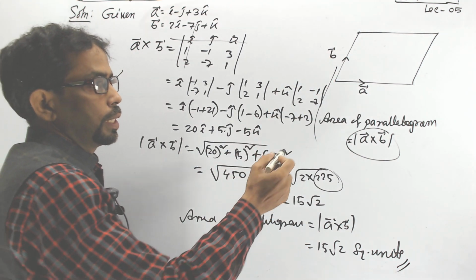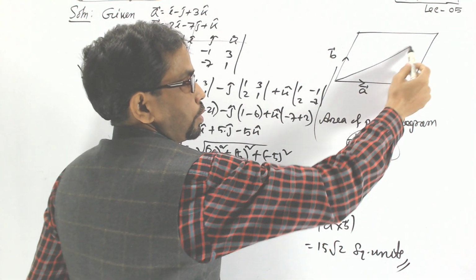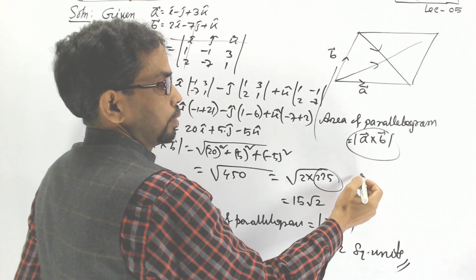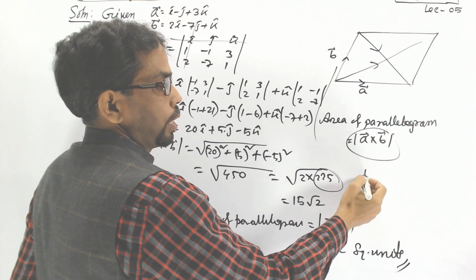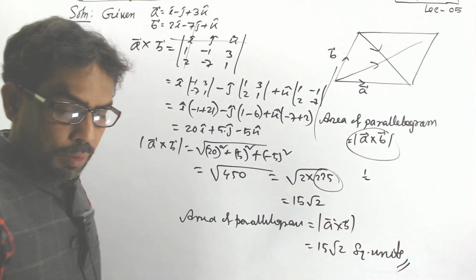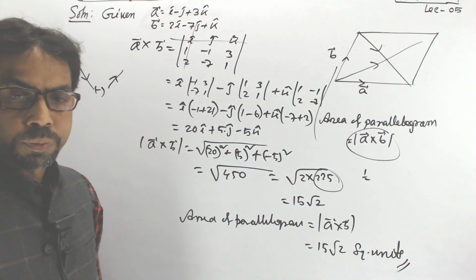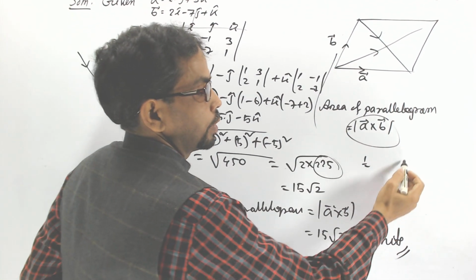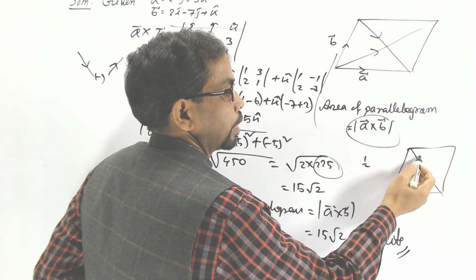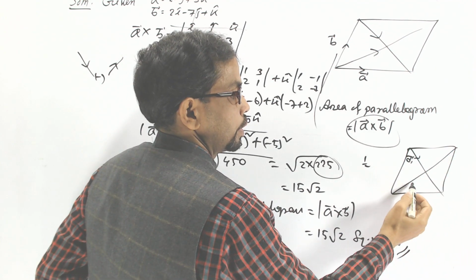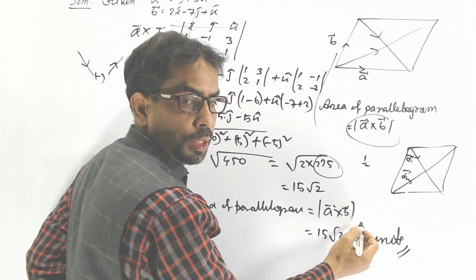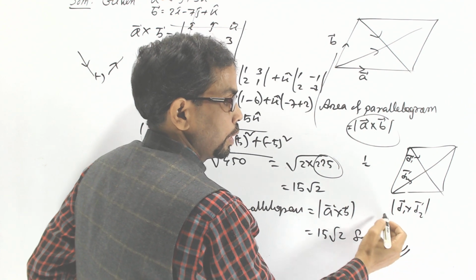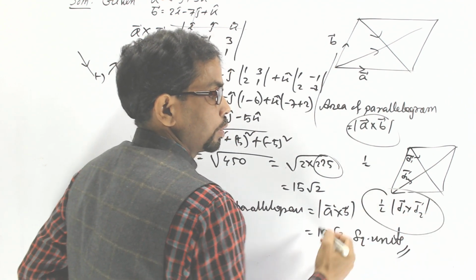And remember, if the diagonals are given, there are questions in which the diagonals of the parallelogram are given, then the area of parallelogram is half of, if the diagonals are given, then diagonals we represent by one d1 vector, another is by d2 vector, and then same way you will find the cross product d1 d2, and then you will find the magnitude, and area is given by half of d1 cross d2.